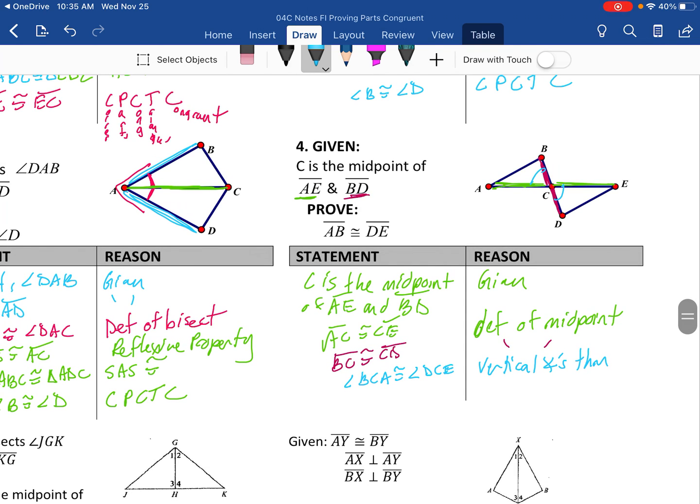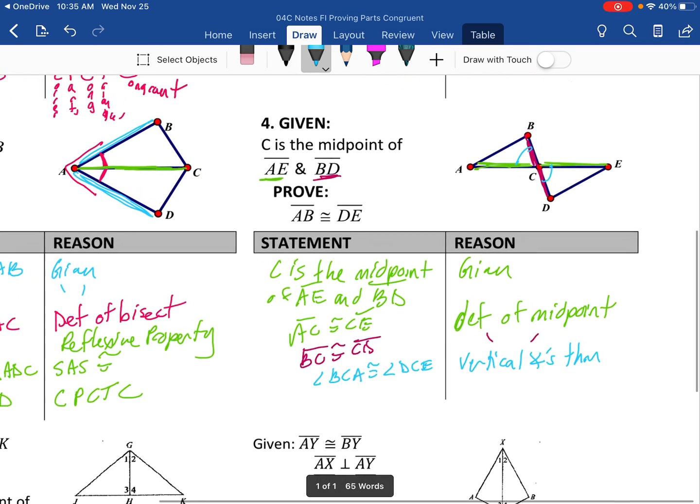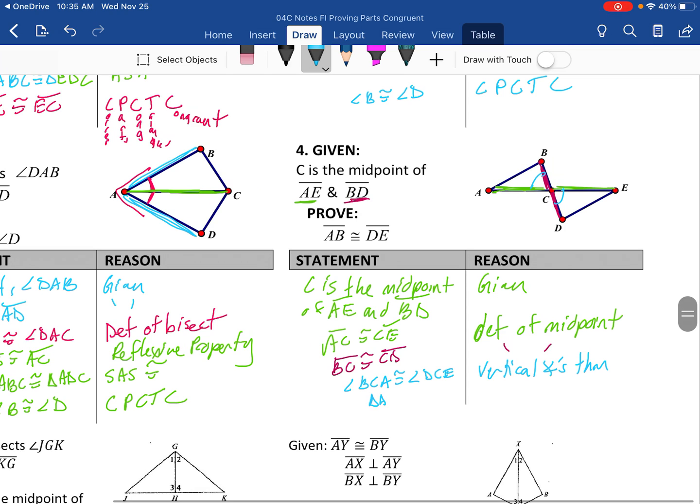I can say triangle ABC is congruent to triangle EDC. Okay, and that's going to be by side angle side congruence. And then we have enough information. We know AB is going to be congruent to DE, and that's because corresponding parts of congruent triangles are congruent.